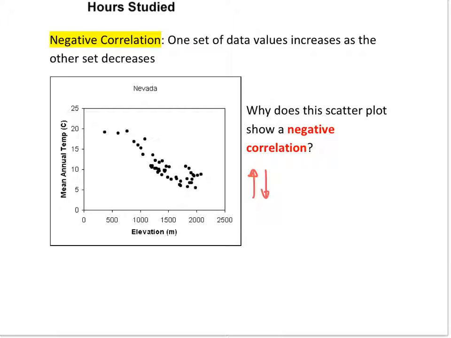They're at war with each other. They're going in opposite directions. Same thing can be said as elevation decreases, the temperature is going up. As elevation decreases, the temperature gets warmer. So that shows your negative correlation.